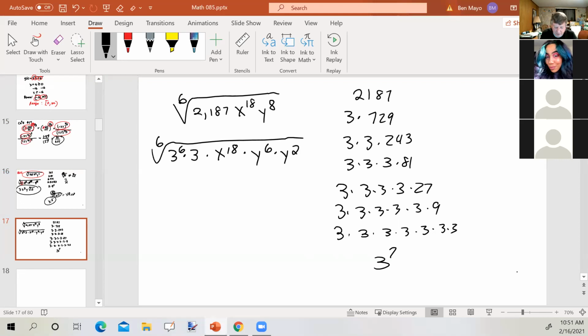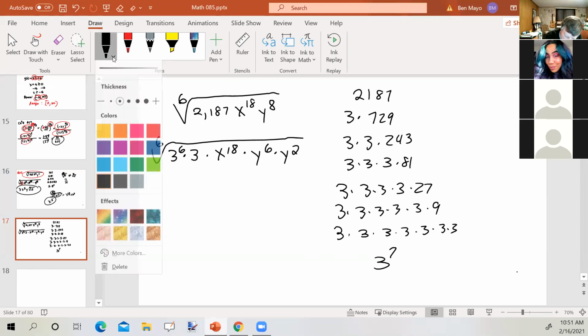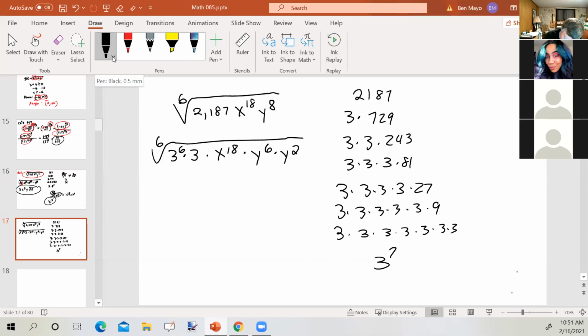Okay, so now the 6th root of 3 to the 6th power is 3 outside. The 6th root of plain old 3 is stuck inside. The 6th root of x to the 18th power is x cubed, outside.